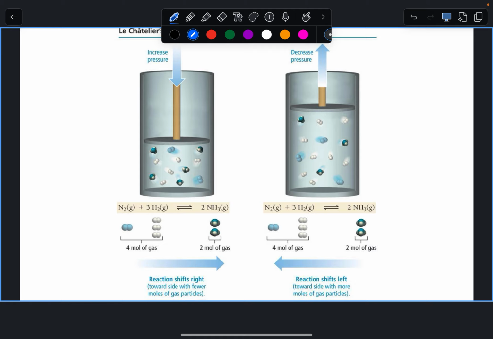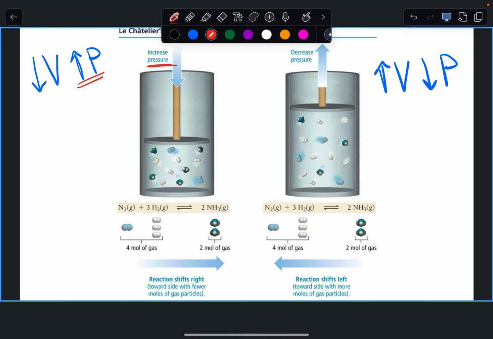If you have a decrease in volume, they're inversely related. It will increase your pressure. And same thing is true opposite. If you increase the volume, that will decrease the pressure. So the stress here that we're talking about is the change in pressure that occurs due to the change in volume.